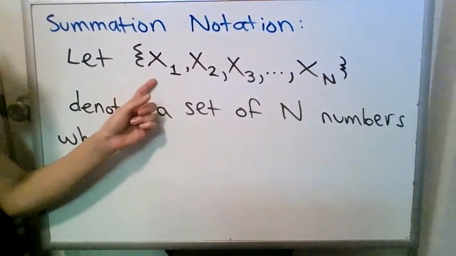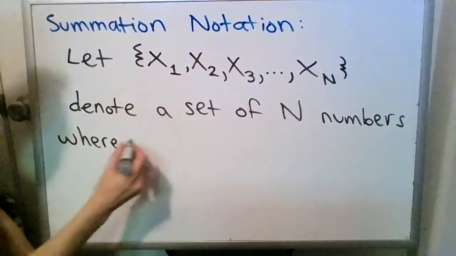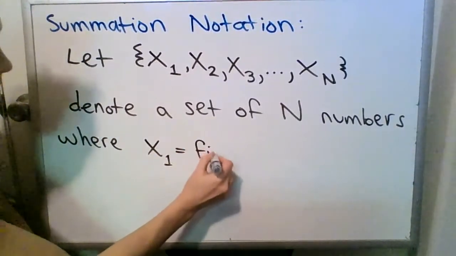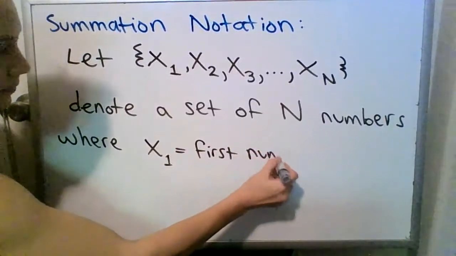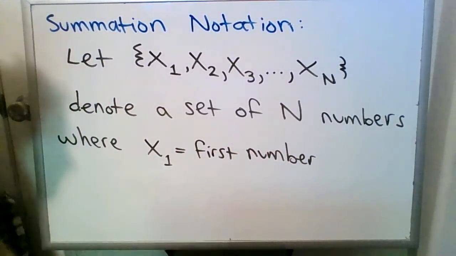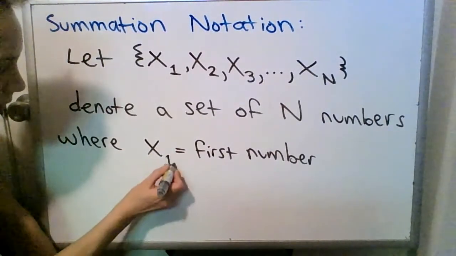And again, x sub 1 is the first number in the list. X2 is the second number. X sub I, we call the ith number.